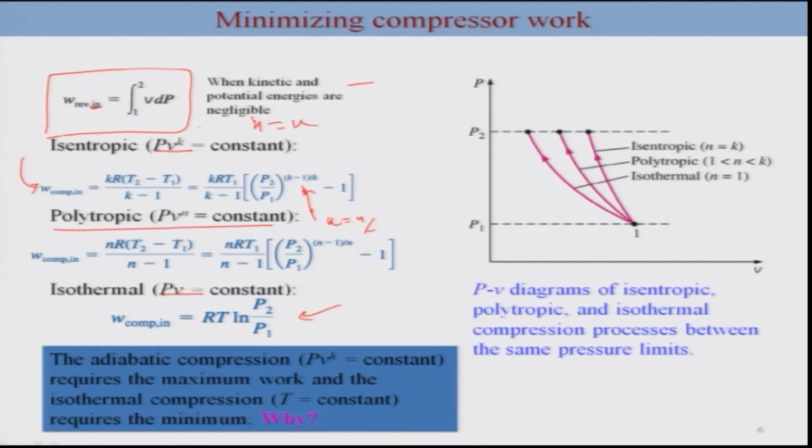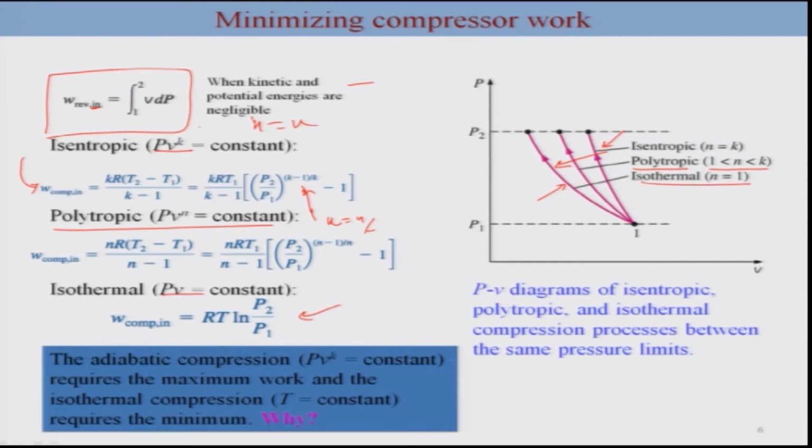So this is isentropic, which essentially means the entropy is constant here, and this is the general polytropic for N less than K, which essentially means that as we decrease N, the slope of the path decreases. If you can remove heat from the process in such a way that you maintain the temperature, then this turns out to be isothermal.